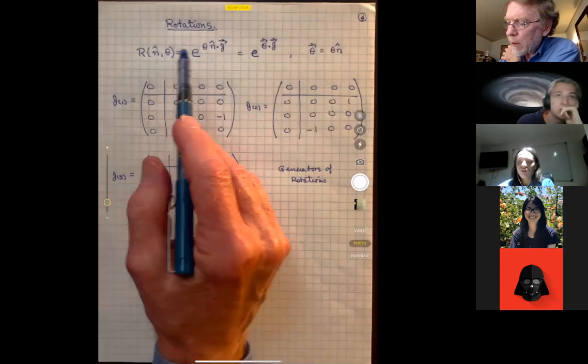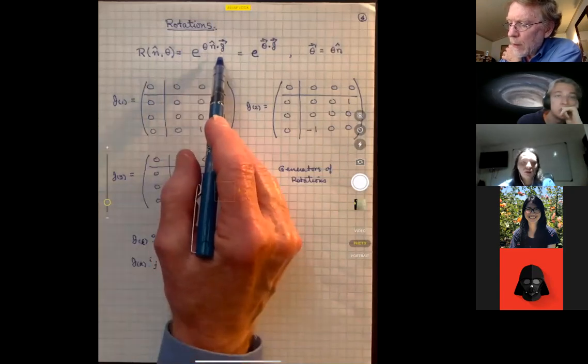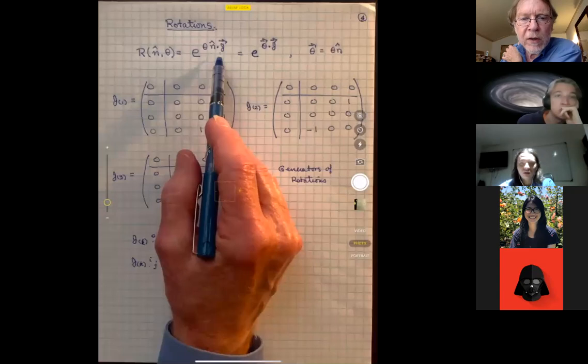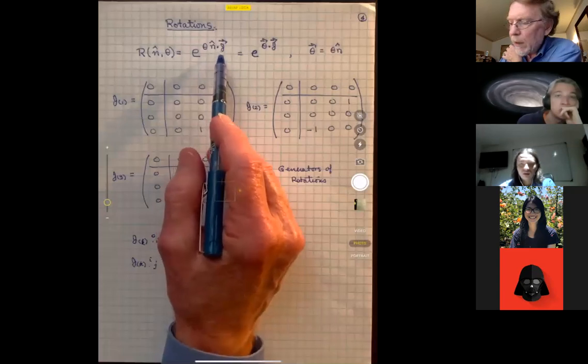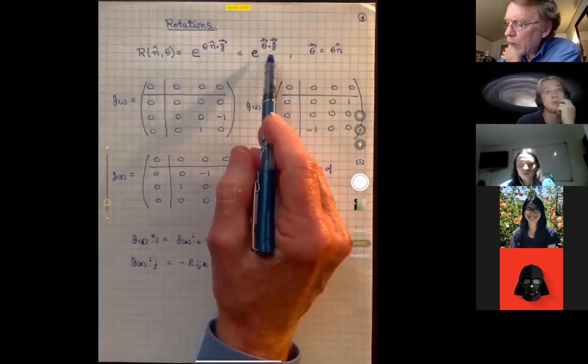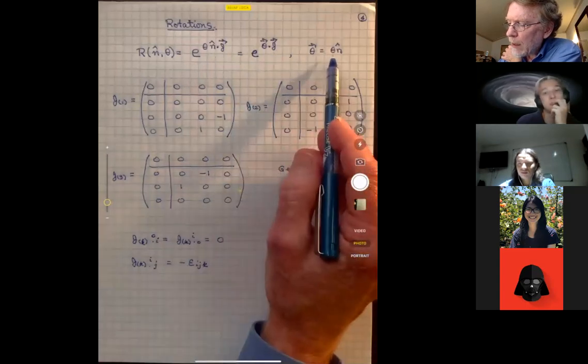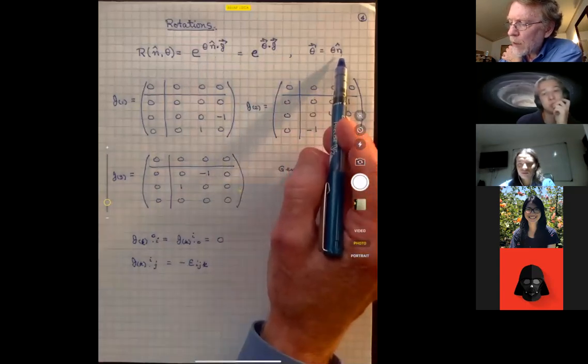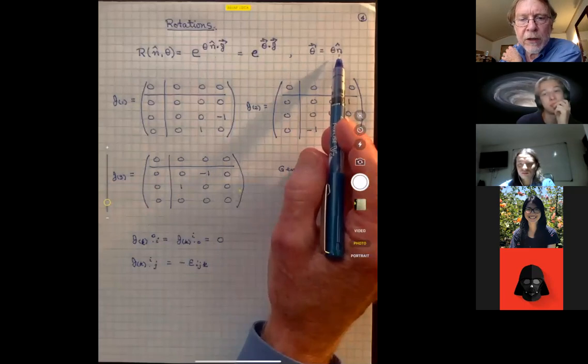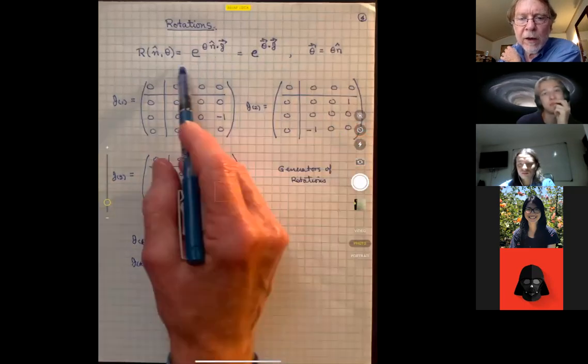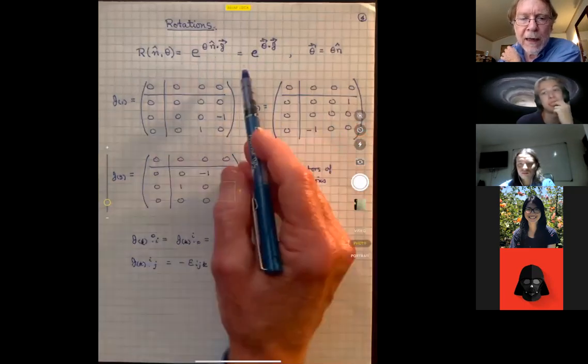They can be written as e to the theta times n hat dot J, where J is a quote unquote vector of matrices. You can also write this as theta vector dotted into J, where we define theta vector to be the magnitude of theta times the axis n hat of the rotation. I hope you remember this stuff well enough, because we've done this a number of times in the past.